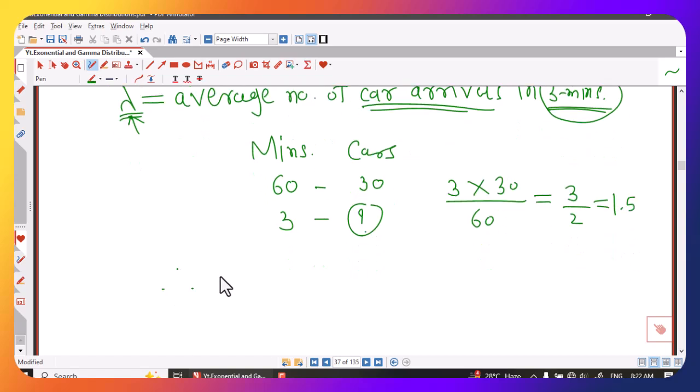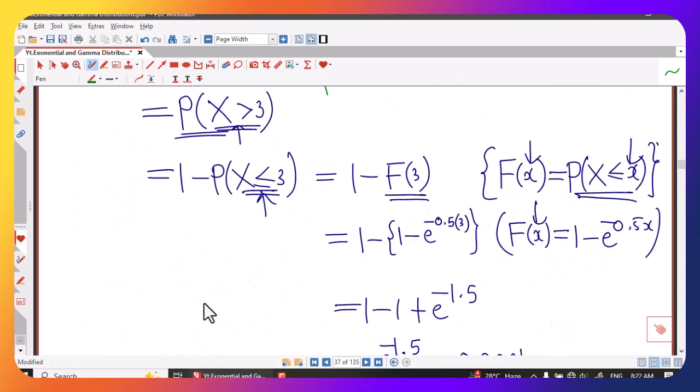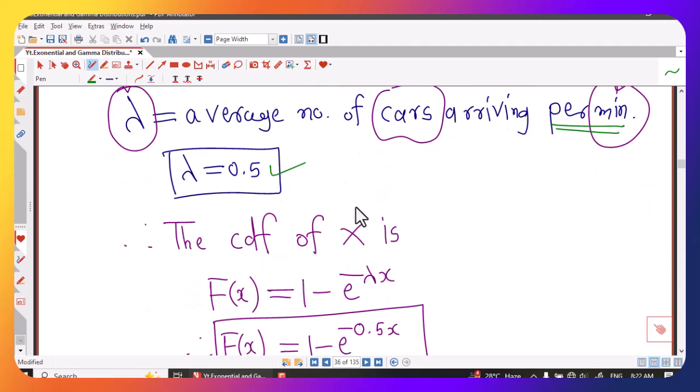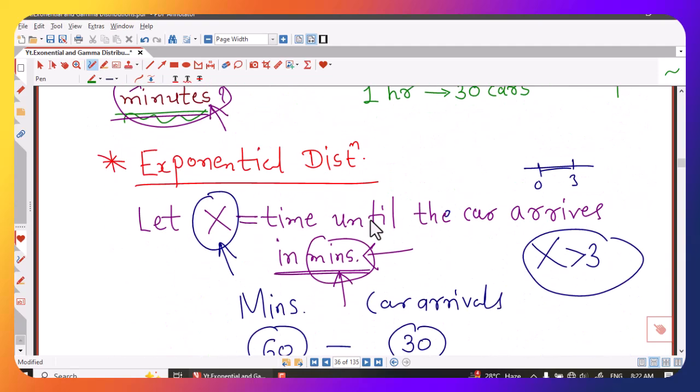This means the average number of cars arriving in 3 minutes is lambda equal to 1.5. And in exponential distribution our lambda was the average number of cars arriving per minute, and there lambda is 0.5. So understand the difference between the two.